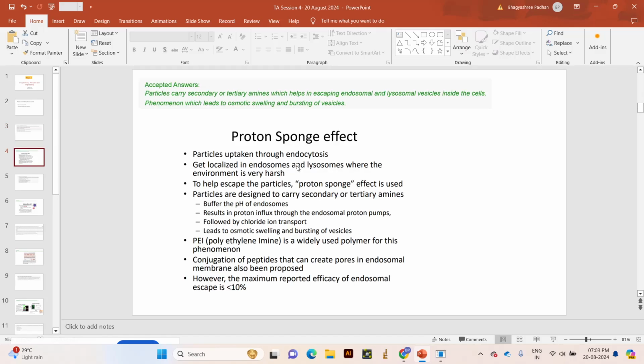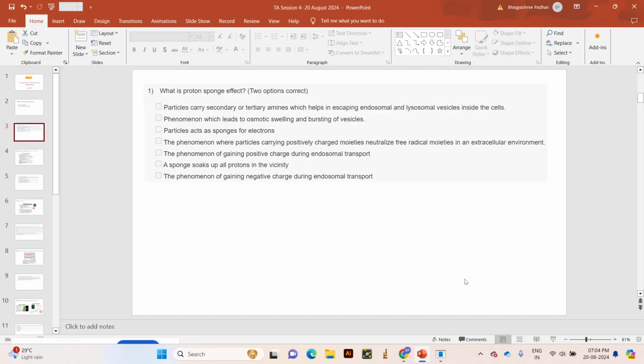I mean, if you see the conjugation of peptides that can create pores in the endosomal membrane, these are also kind of a proton sponge effect, but it's not necessarily gaining positive charge and doing the endosomal transport. So the ones that are helping it escape, though gaining positive charge is helping, it's not necessarily the positive charge.